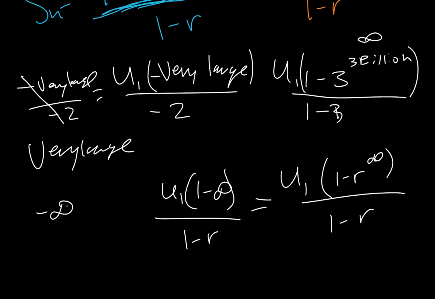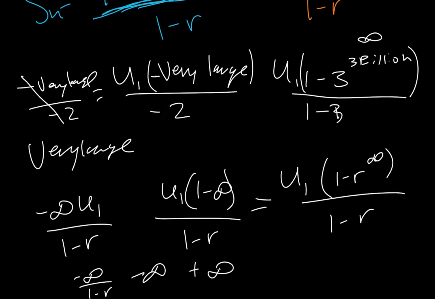Negative infinity times anything is either going to be negative infinity or positive infinity, so we'll just keep it at negative infinity. And then negative infinity divided by any finite number is either going to be negative or positive infinity, depending on the sign of the number.